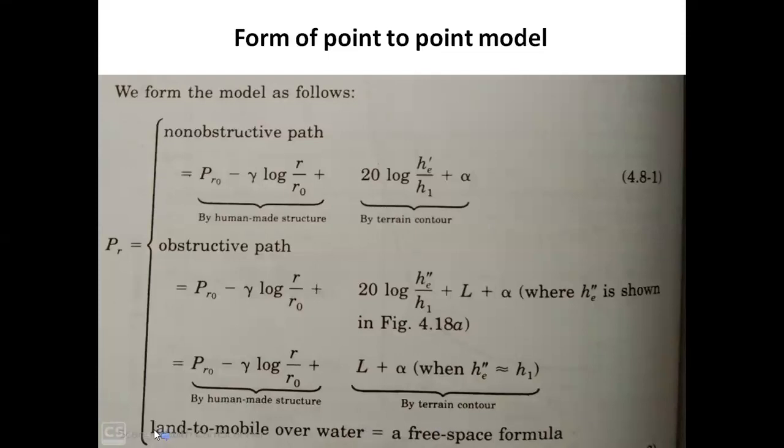When the wave propagates from land to the mobile over a water area, the formula is equal to the free space formula. This was already derived in previous sessions. Okay, so these are the received power formulas in different paths: non-obstructive path, obstructive path, and land to mobile over water path.